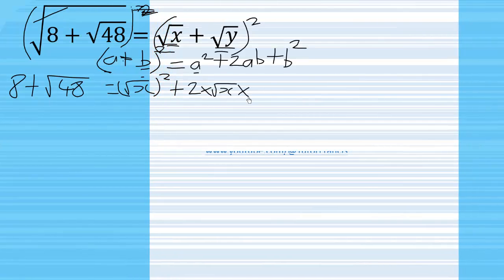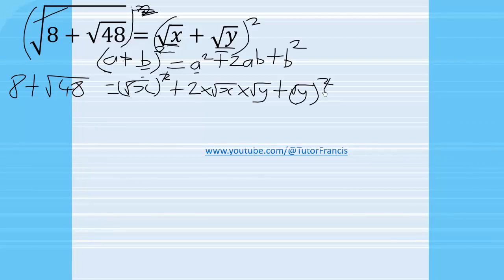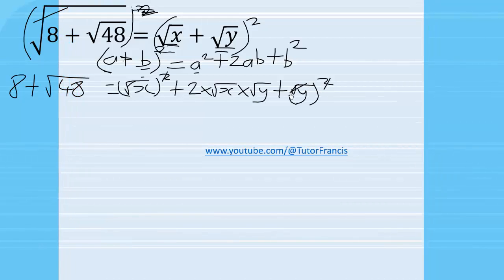A is square root of x. B is square root of y. Then we have b squared, square root of y squared. So this will get rid of this. Square will undo the square root.